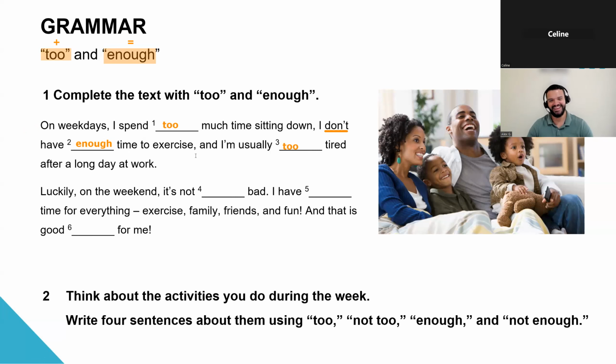Oh, all right. So this is an expression, Celine. Even though this is a negative sentence, I know I just said that this is negative, but the expression is, it's not too bad. This is an expression, okay? So the expression, it's not too bad, okay?